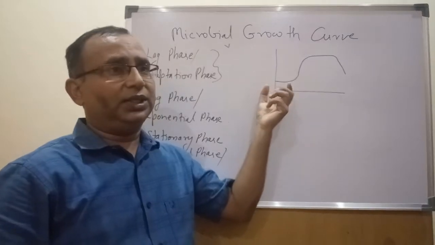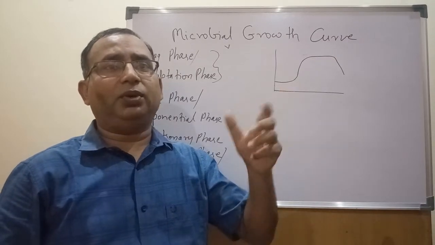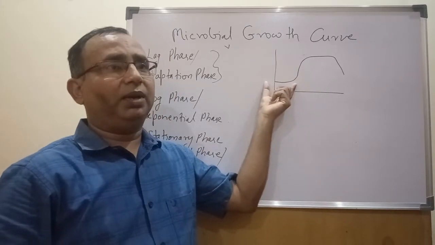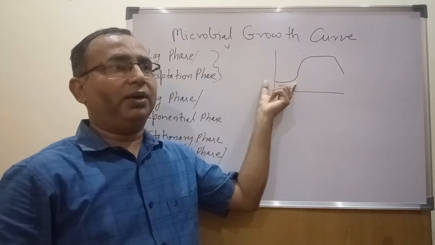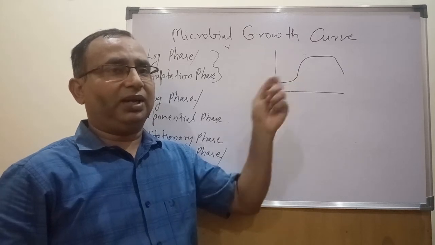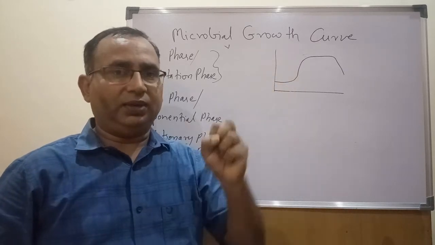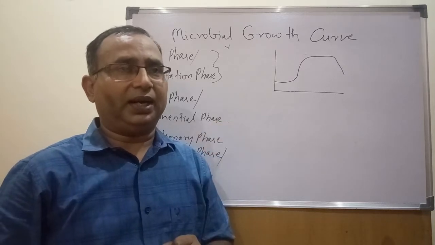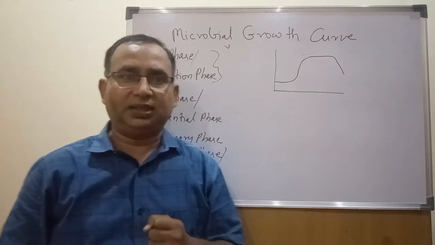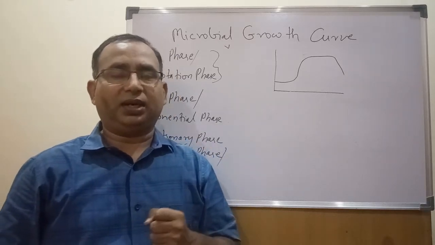So that results into a condition where microbes do not divide at all, and this duration where no microbial growth is observed and microbe itself adapts to survive inside the newly added nutrient medium, and hence this particular phase of the microbial growth curve is called adaptation phase or lag phase.